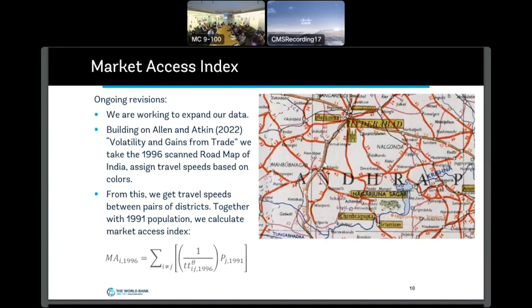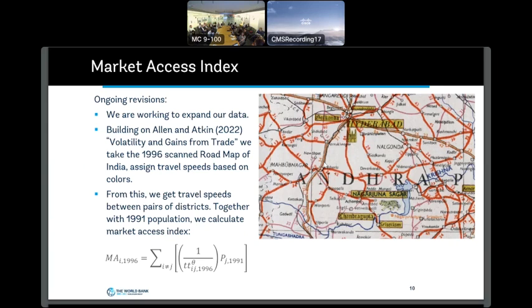So what we did was to build upon the Allen and Atkin methodology, taking the 1996 scanned road map of India and assigning travel speeds to the various pixels based on the colors of the map. By doing this, we were able to estimate bilateral travel speeds, similar to how Allen and Atkin had done it, but we could do it for all of mainland India.